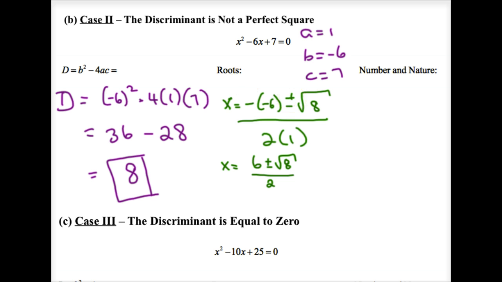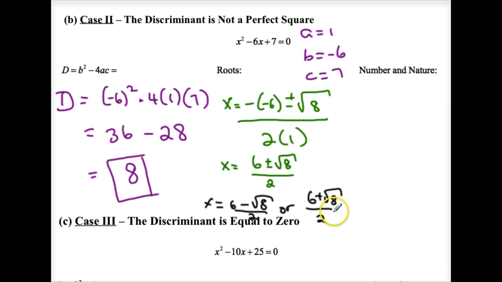So remember what we said, this always is branched out. So I can make this x equals 6 minus the square root of 8 over 2, or 6 plus the square root of 8 over 2.